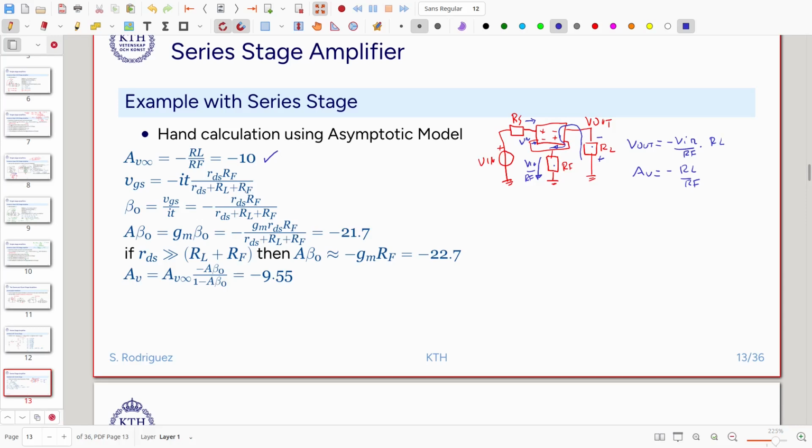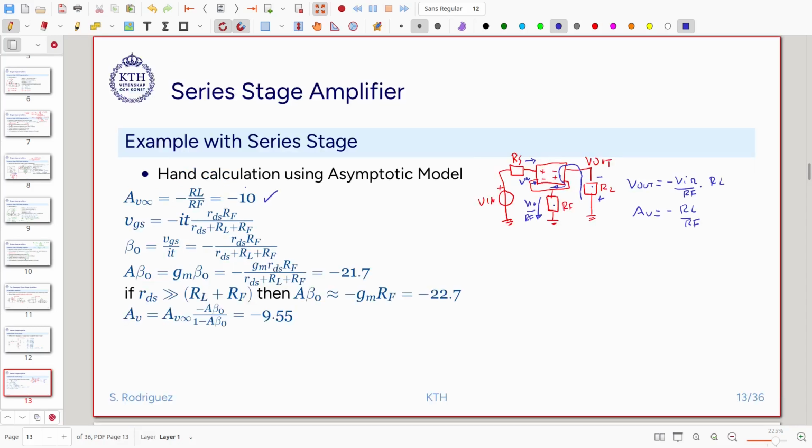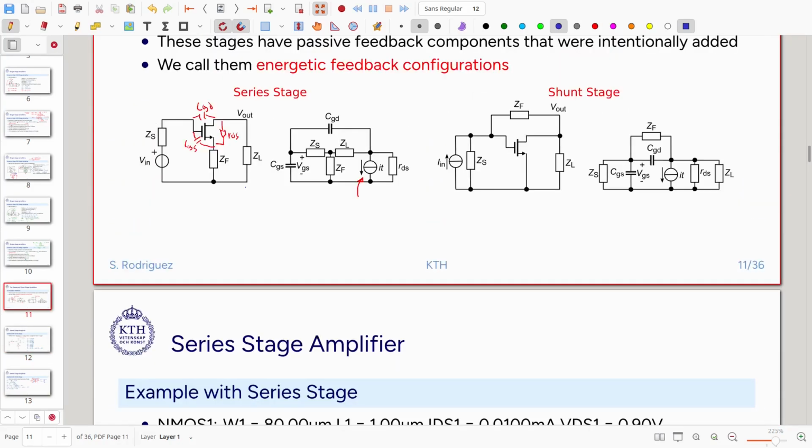Now let's calculate the beta factor. For that we will need to use this model, and when we use this model, we see that there will be some current that goes in this direction, and this is the current that is going to produce VGS here.